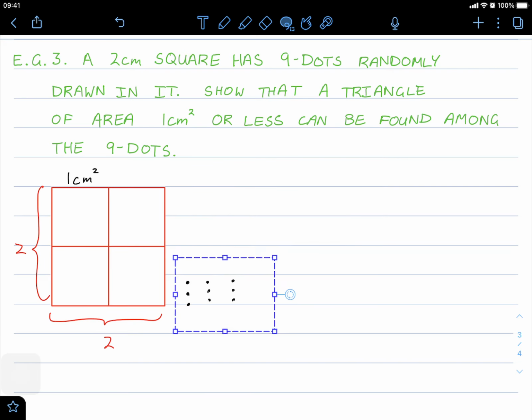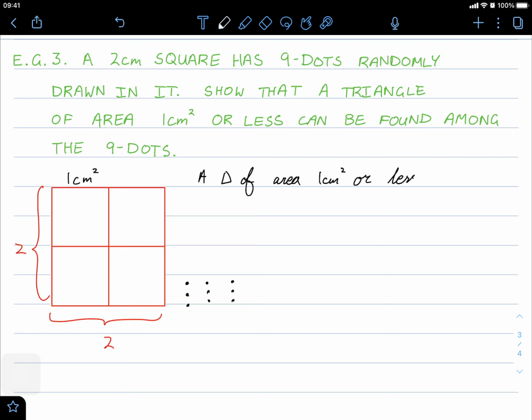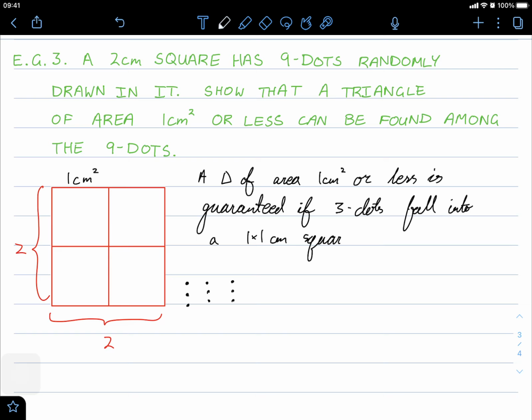Oh, actually no, before we continue, remember, a triangle of area 1 centimeter squared or less is guaranteed if 3 dots are drawn, or you can say fall, into a 1 by 1 centimeter square.